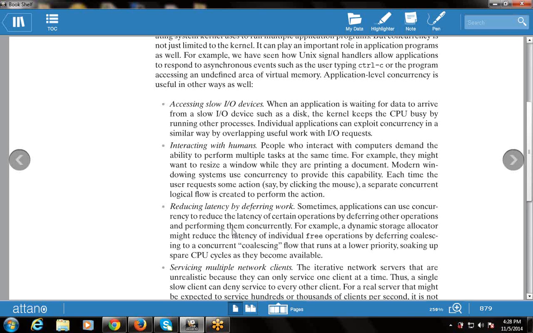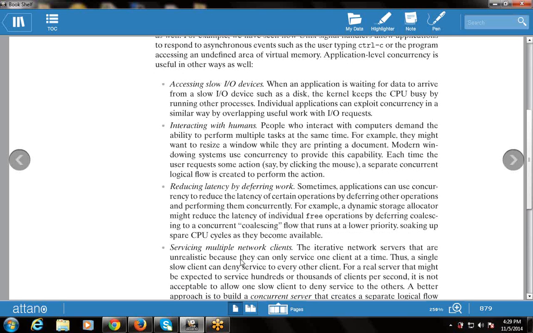The next advantage is servicing multiple network clients. Concurrency is also important to serve multiple network clients. When more than one client requests a service and there is concurrency control, multiple clients can access the data at the same time.